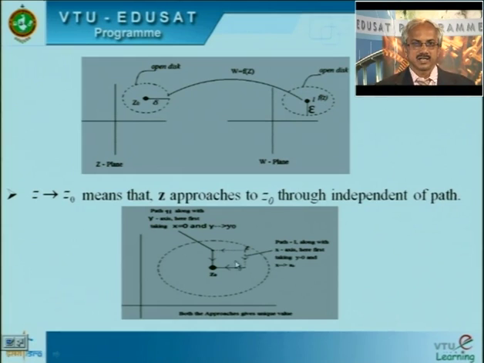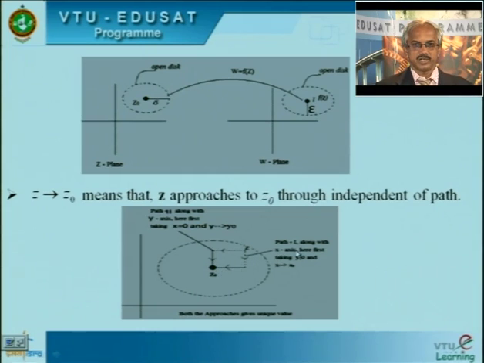So in this case, I just mentioned, if I take the z here, z naught, we have to approach z naught, which means we can approach from all directions. So I have taken path 1. Path 1 means the path along the x axis, or parallel to the x axis.